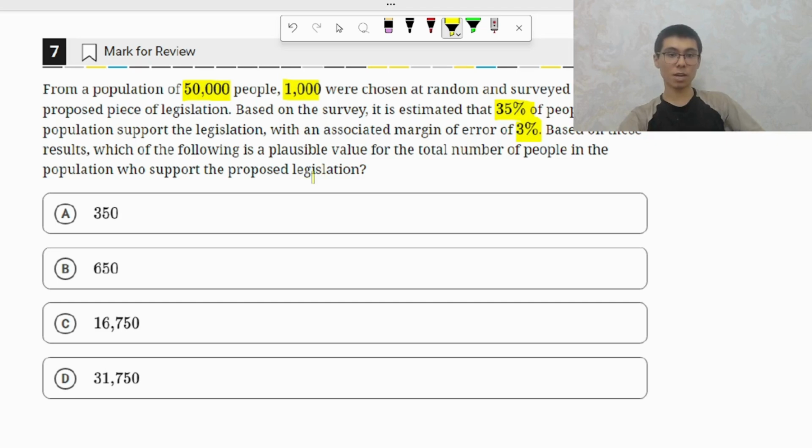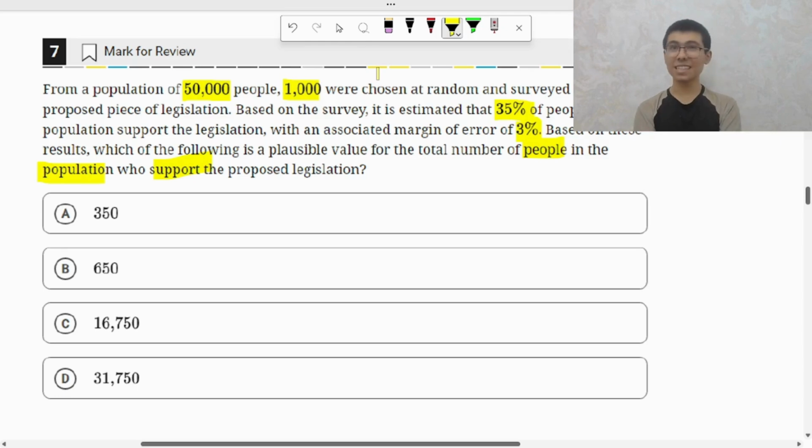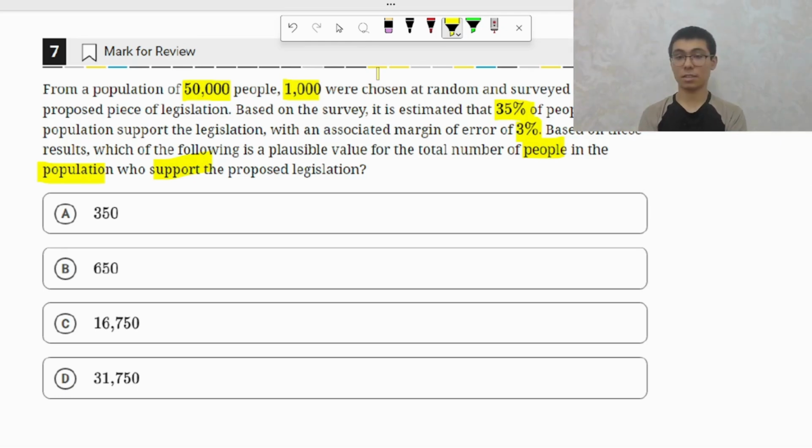So they're asking about the number of people in the population who are gonna support, right? You gotta understand margin of error in this case. What is actually a margin of error?